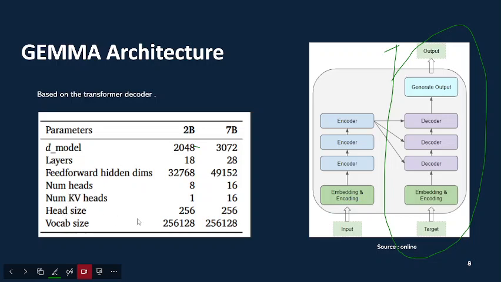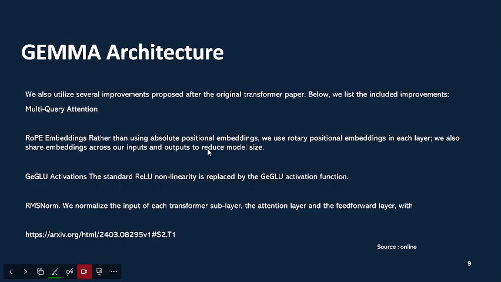The interesting thing is that the head size and the vocabulary size of both models are similar. But the number of KV, meaning key and value heads, in the Gemma 2 billion is 1, and 16 for the 7 billion model. The more KV heads, the more efficient the result, so definitely that's why Gemma 7 billion performs better than 2 billion.